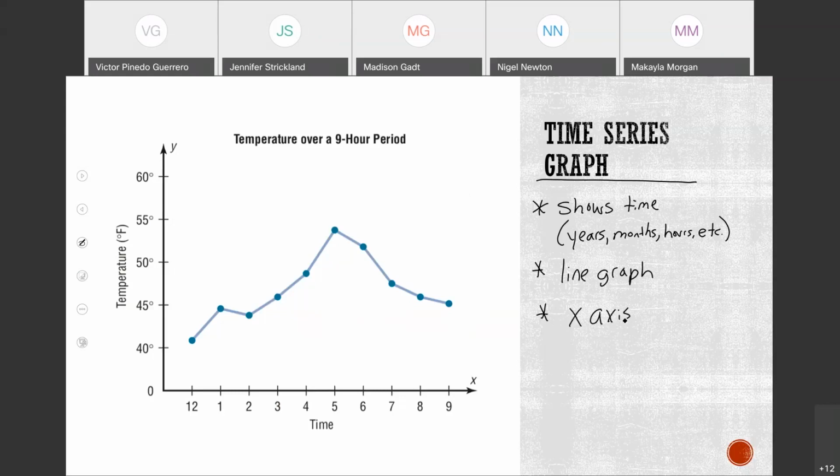And on the y-axis, we're going to put the frequency, but it doesn't have to be frequency because you see here it's temperature. The time definitely has to go on the x-axis, and then whatever else you have would go on the y, sort of by default. I'm going to leave it as frequency, but like I said, it doesn't always have to be the frequency.